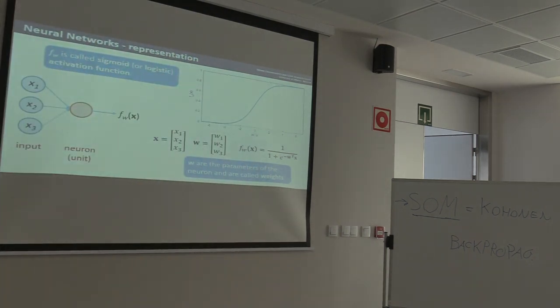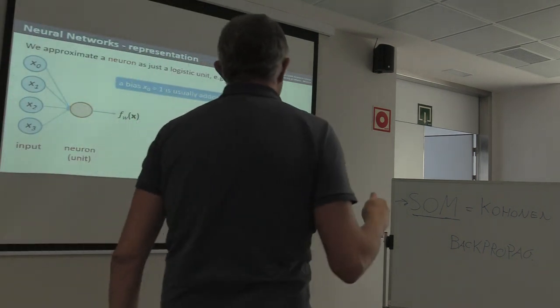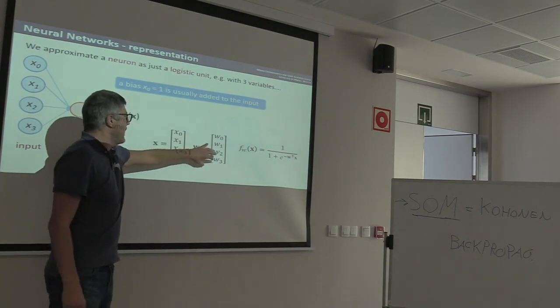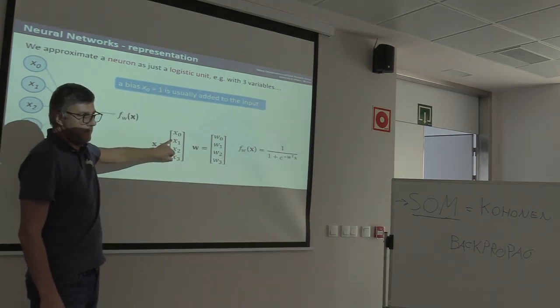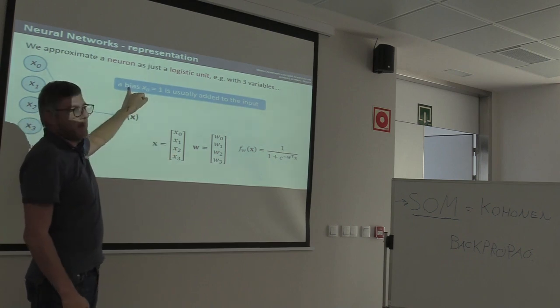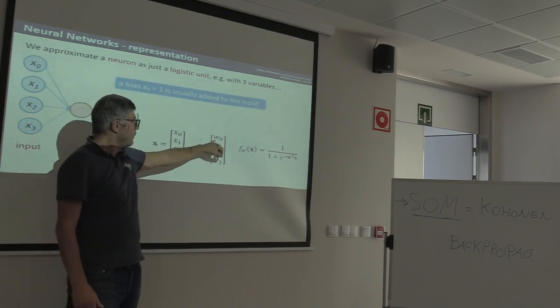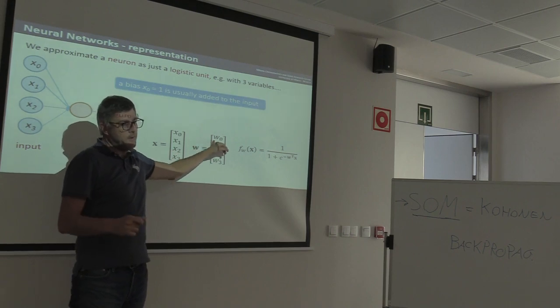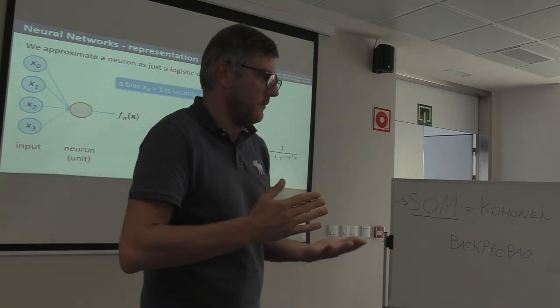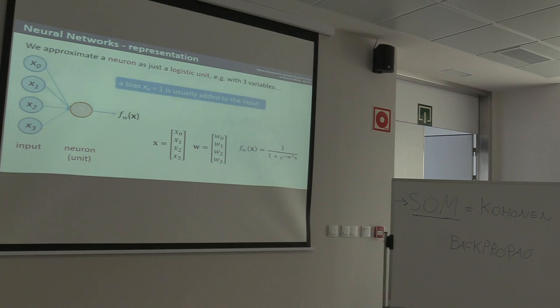Now, we have the weights which are associated to our variables, but usually we also have a bias, which has to be considered in this linear combination. It's like the intercept in our linear models. You have it also here.